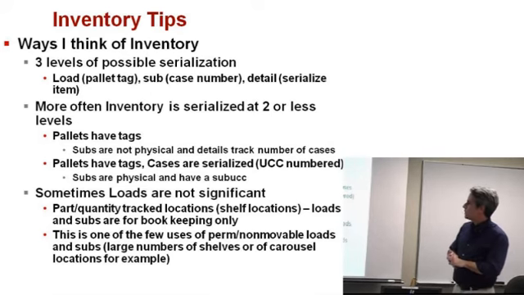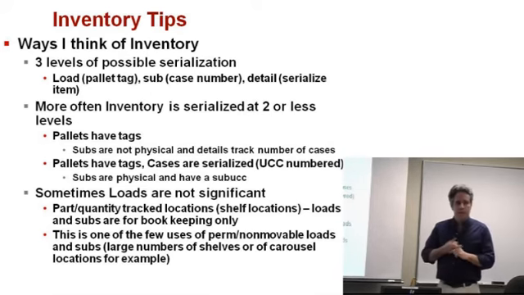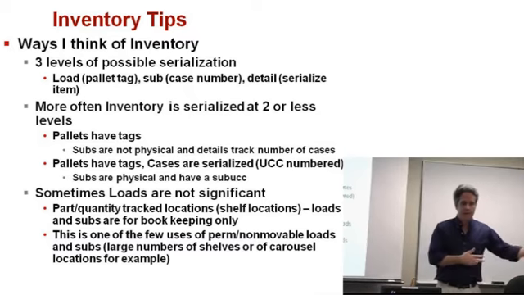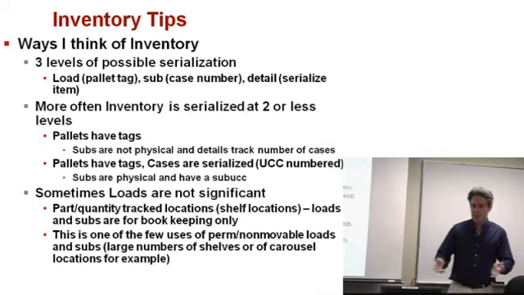The one thing I would say about details is that details are hard to handle. The biggest performance impact on the moves side is on detail moves, when we have to move a detail. It's easy if we're just moving the whole thing, because if you're moving a whole load, you don't have to do anything with the detail.